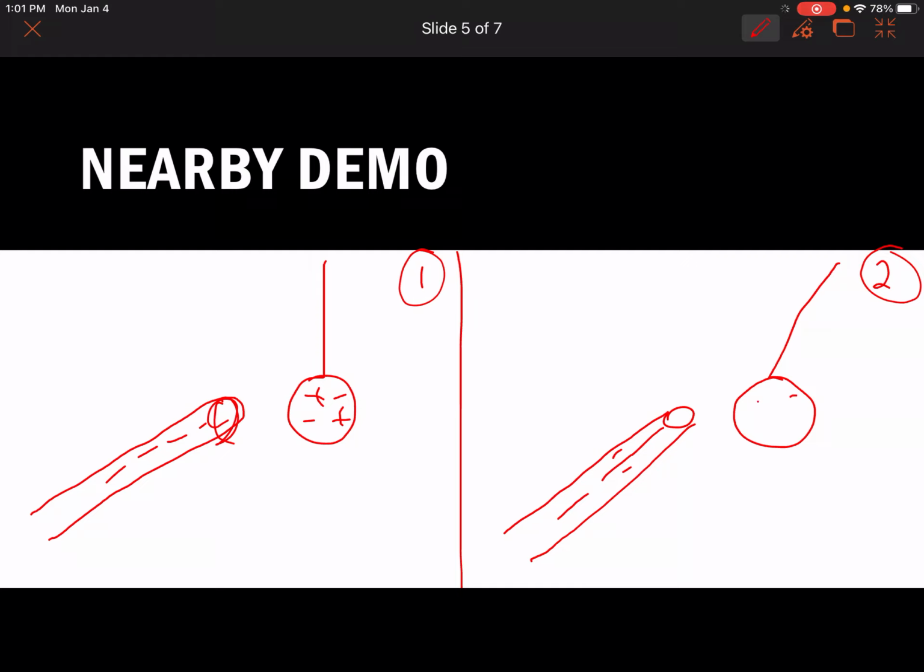The negatives want to get away from that negative rod because like charges repel, whereas the positive ones are going to remain in place, and so they're going to be attracted to that negative rod. So that's why the pith ball is going to be moving towards the rod. And this is called a charge separation.